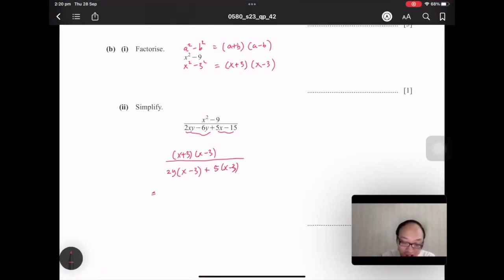And then I can make it (x plus 3)(x minus 3) over (x minus 3)(y plus 5). And I can cancel. So x plus 3 over y plus 5. That's it.